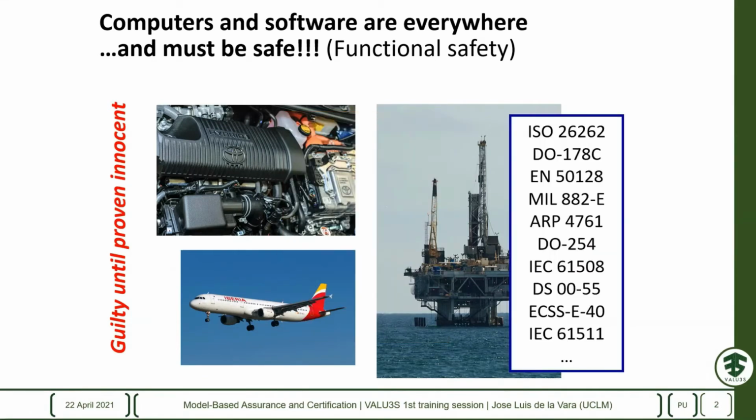And one common way of doing this is that for different application domains, there are different standards that deal with functional safety, software assurance, hardware assurance, and it's assumed that if you follow this standard, your system will be dependable enough.